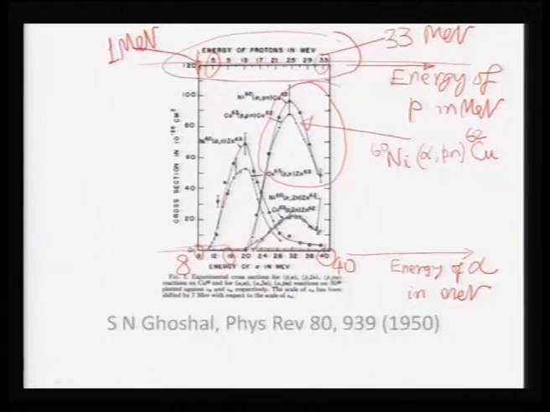That means, this 64 zinc is formed by alpha particle reaction on 60 nickel, and the lower one is for copper 63, Pn and then copper 62.